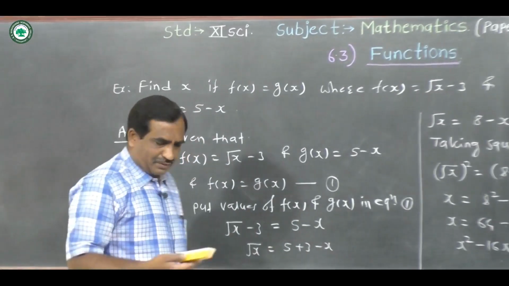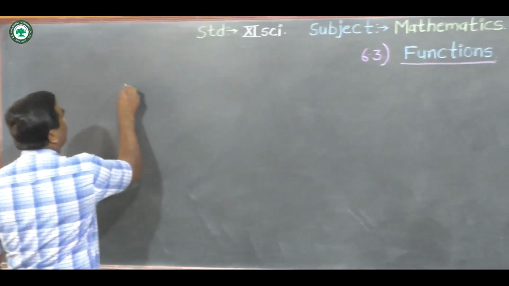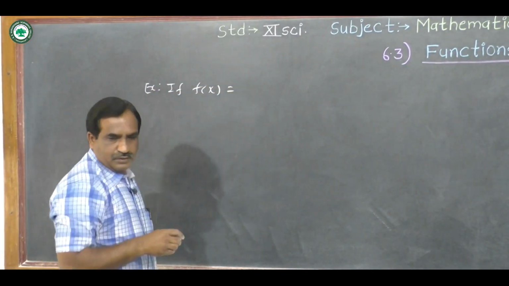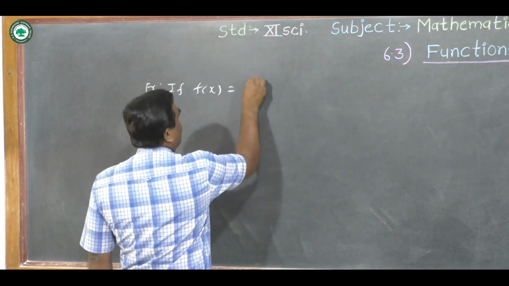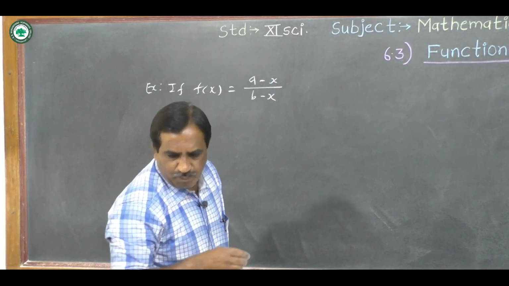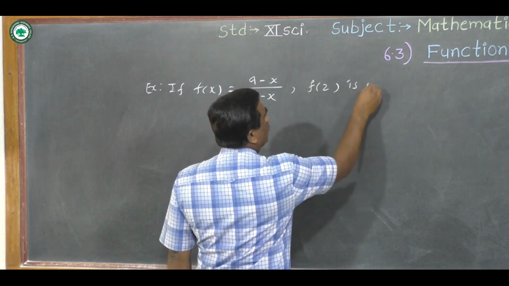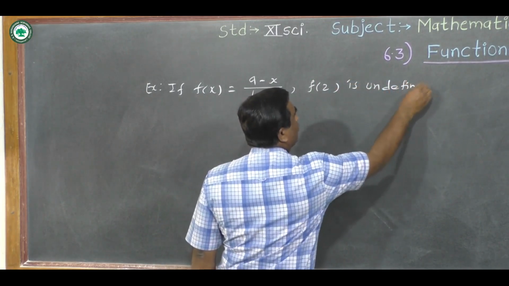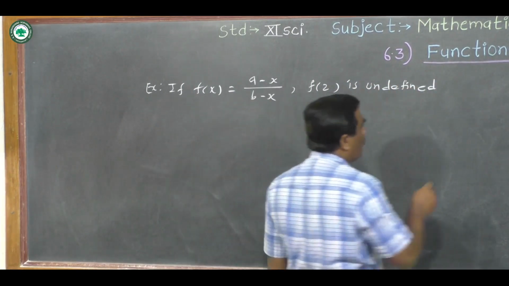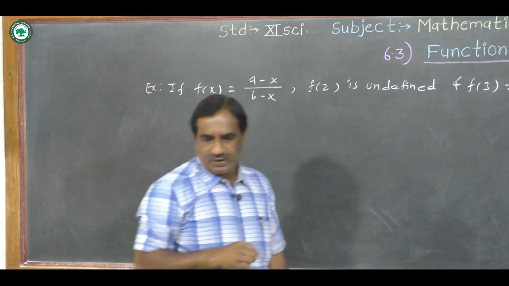Now we see the next example here. The next example is, if f of x is equal to a minus x upon b minus x, f of 2 is undefined, and f of 3 is equal to 5.